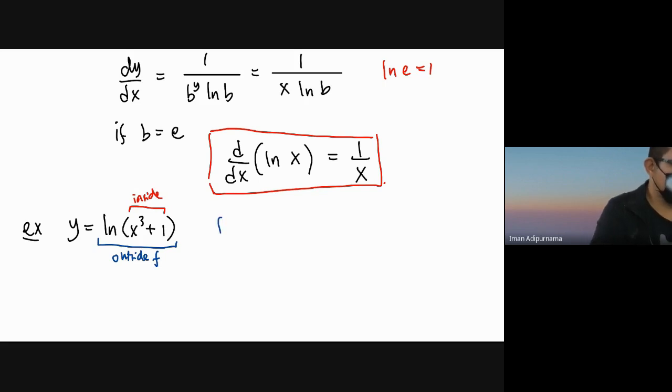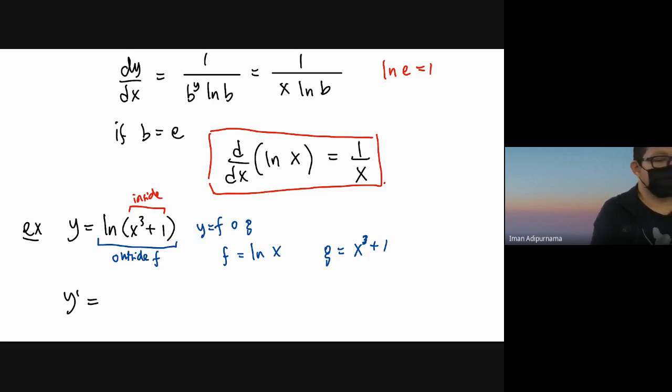We can think that y is f of g, f is ln x, g is x cubed plus 1. So if we want to derive this, y prime, f prime will be 1 over x, g prime will be 3x squared. So we can combine this together: 1 over x cubed plus 1, multiplied with the inside function derivative 3x squared.